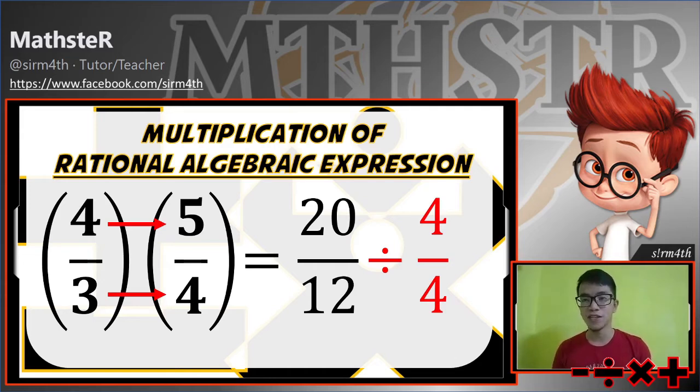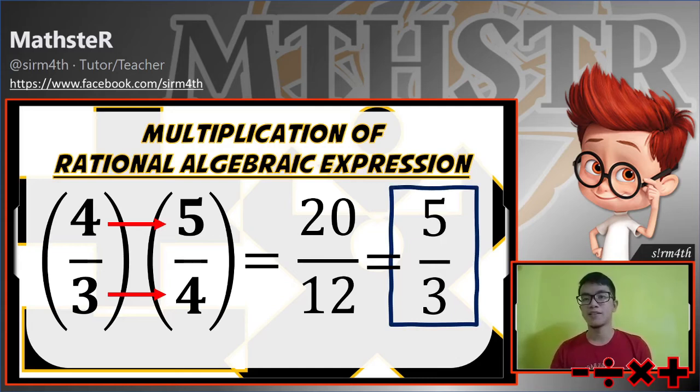So if we divide 20 over 12 by 4, 20 divided by 4, the answer is 5, and 12 divided by 4, the answer is 3. So therefore, the lowest term of 20 over 12 is equal to 5 over 3. And that is the final answer.